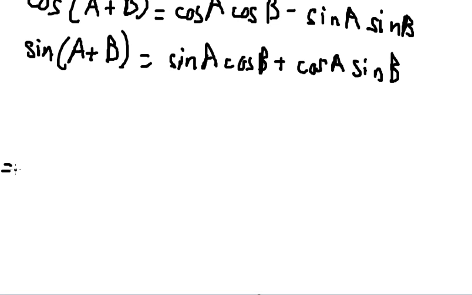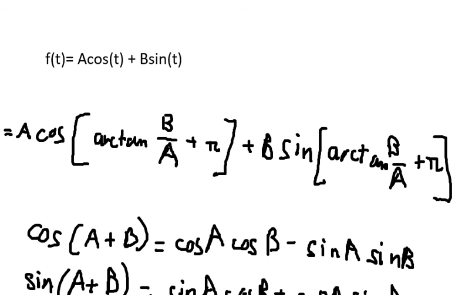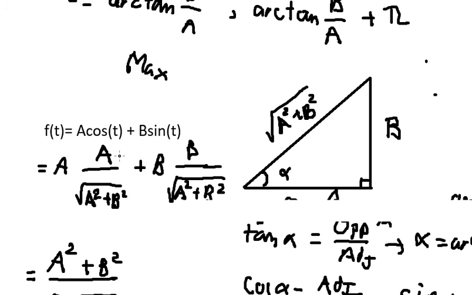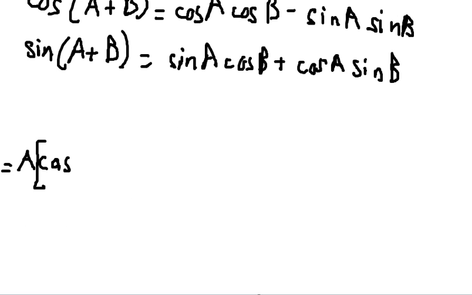So they should be like this. We have cosine with arctan of b over a. So cosine with arctan of b over a, that's about this one. So I just want to go a little bit faster in here.